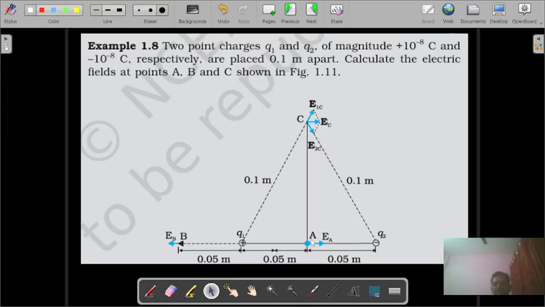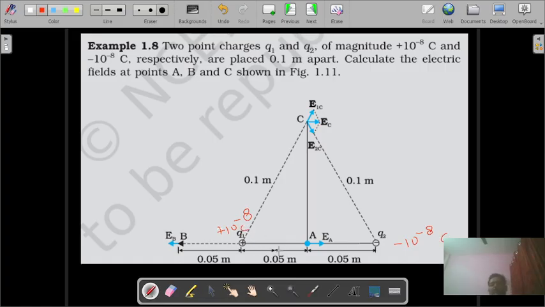The distance between the two charges q1 and q2 is given as 0.1 meter. The charge q1 is positive 10 to the power negative 8, and this is negative 10 to the power negative 8 coulomb.